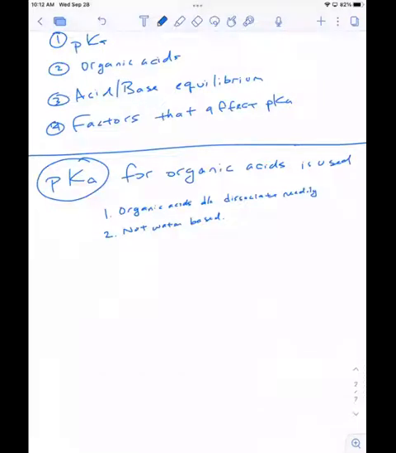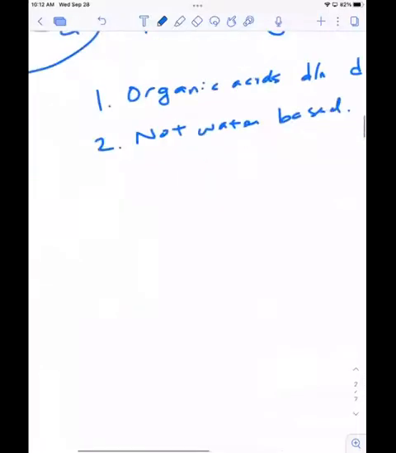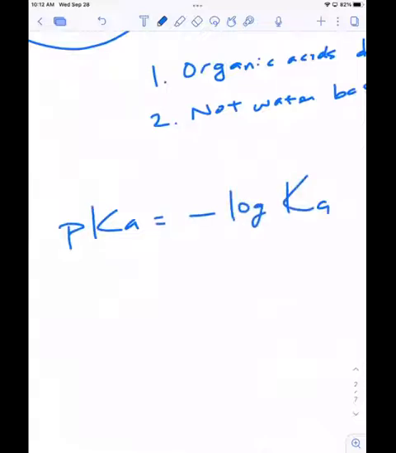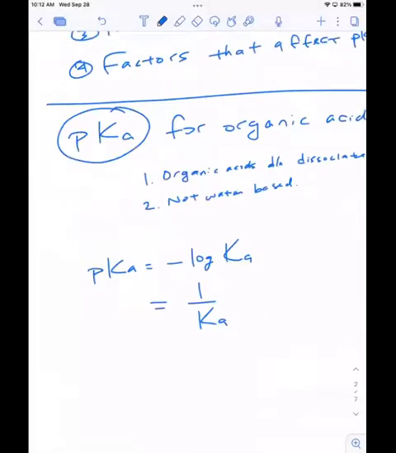So pKa is measured by taking the negative log of Ka, or you can say 1 over Ka. Am I right about that? If I have a negative log, isn't that the same as the positive quotient?